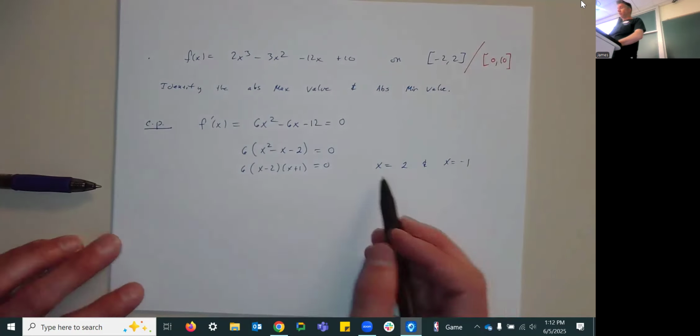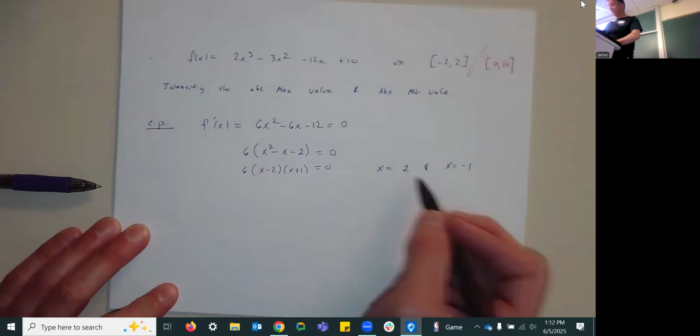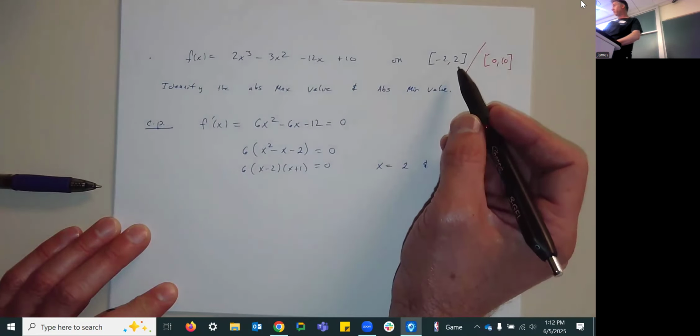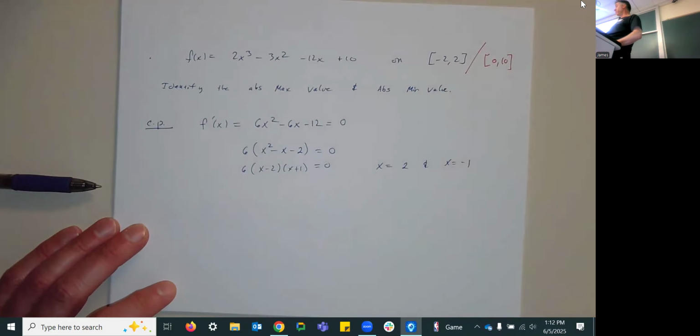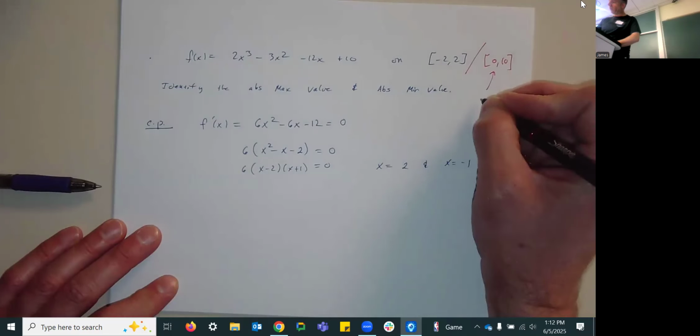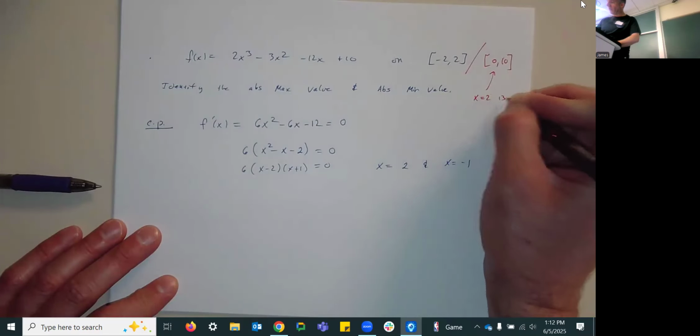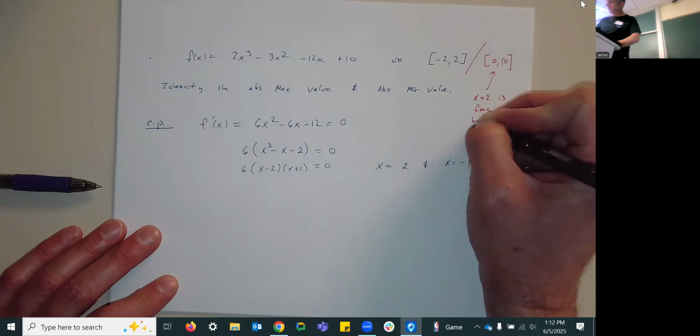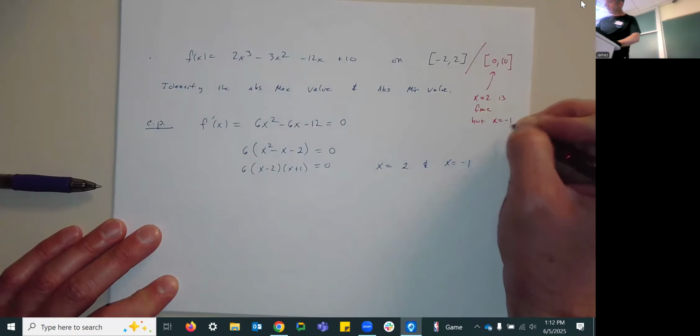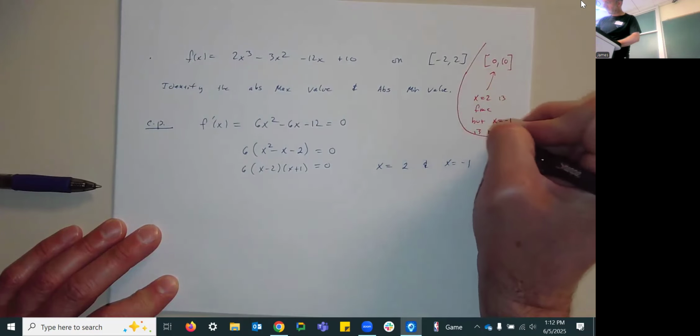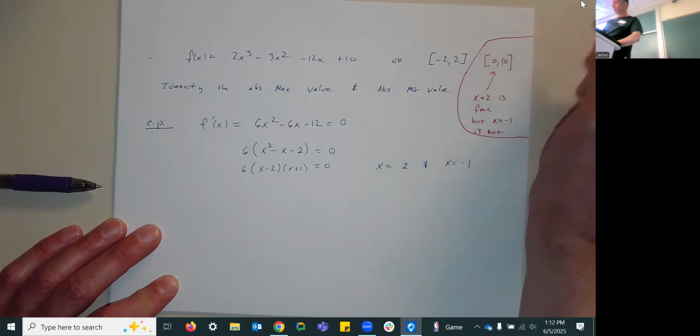Make sure that your critical points that you're going to test actually live inside of the interval you're talking about. If they don't, they're no good. So for that interval, x equals 2 is fine, but x equals negative 1 is not. We'll look at this one at the end after we do the actual one here.